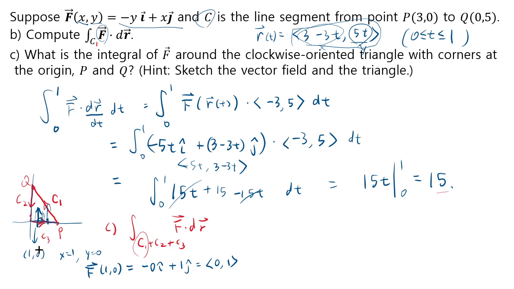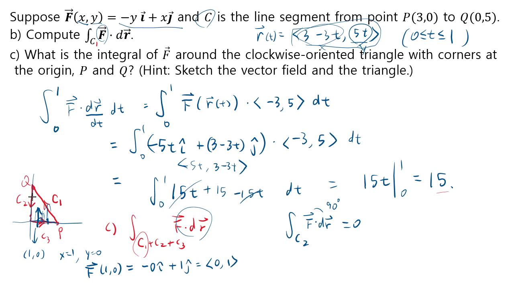are perpendicular, and therefore the dot product, so the integral over C2 of f dot dr, will be 0 because the angle between the two vectors is 90 degrees.